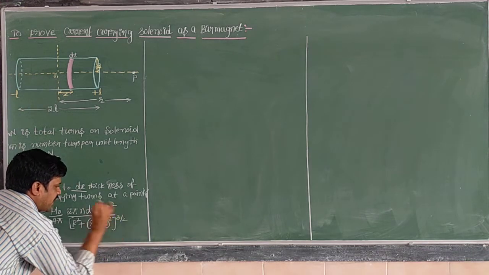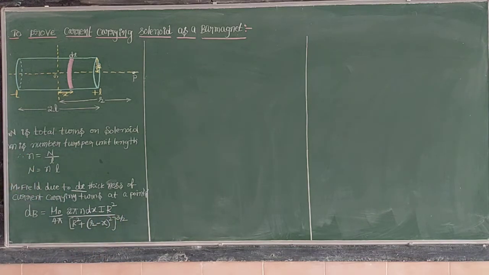Now dB is the magnetic field due to the n dx turns. On dx width, n dx turns are there, and the current flowing through each turn is I. R is the radius of the coil.